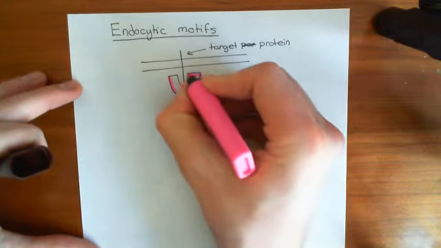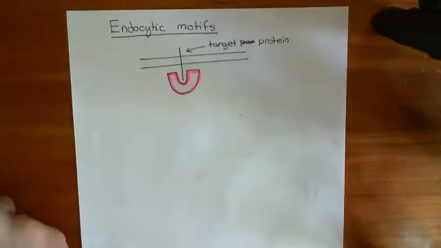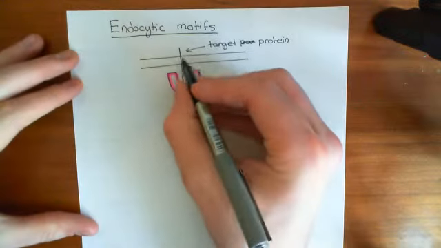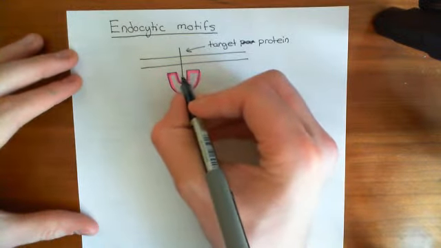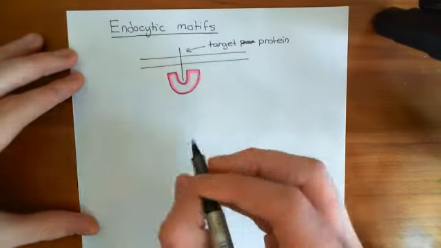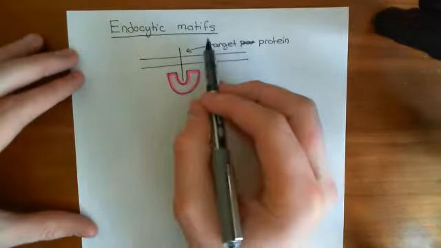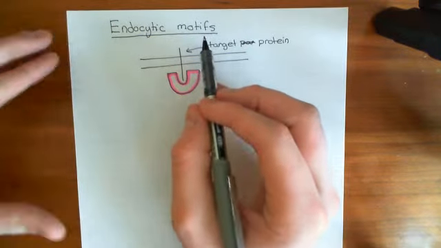In order for this adapter protein to recognize that this target protein needs to be endocytosed, the protein needs to have certain sequences of amino acids in it, and these sequences which tell adapter proteins that this target protein needs to be endocytosed are what is known as an endocytic motif.